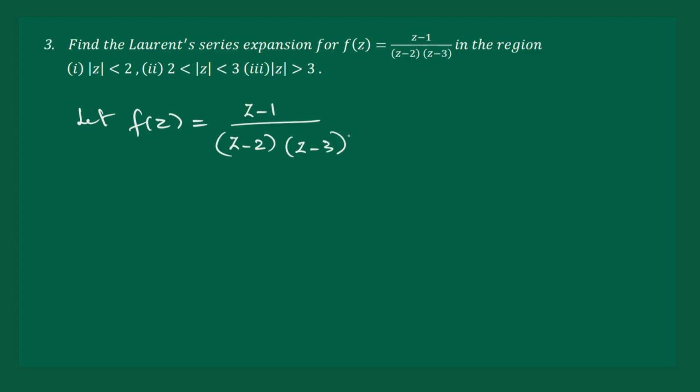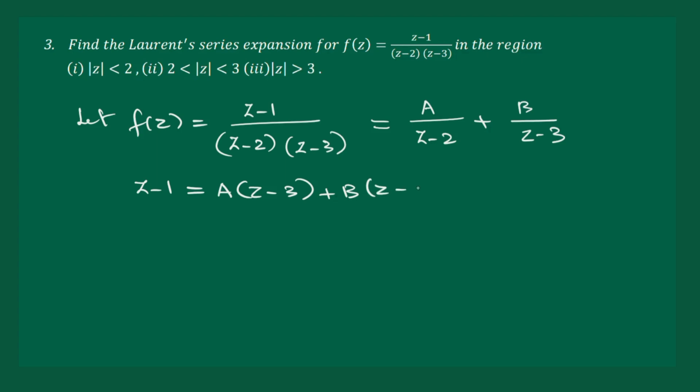What we did in the previous problem, the same thing we have to do. We have to split it into partial fractions. So this can be written as a by z minus 2 plus b by z minus 3. Now we put z equal to 3 to get the b value, and similarly z equal to 2 to get the a value.